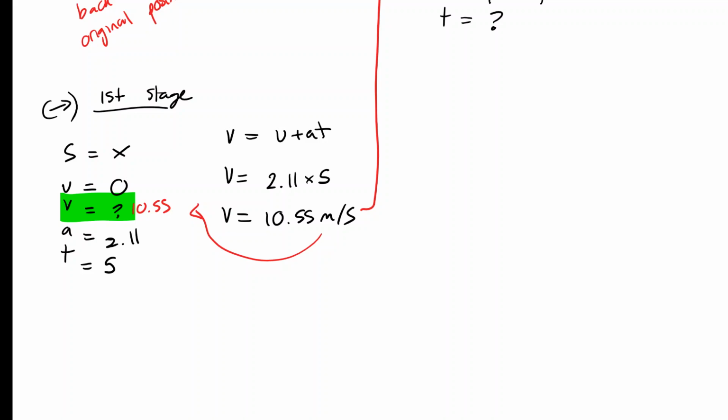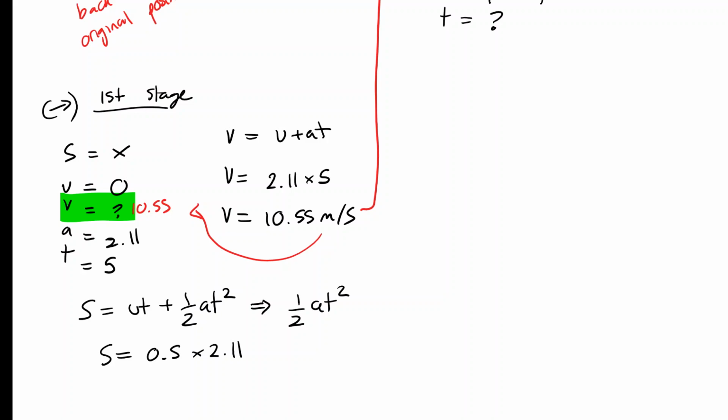When you know 5 things, you can use whichever equation you want. So ideally you use whatever would be simple. S equals ut plus 1/2 at squared is simple here because u is 0. So we can just say 1/2 at squared. S is equal to 0.5 times by 2.11 multiplied by 5 squared.